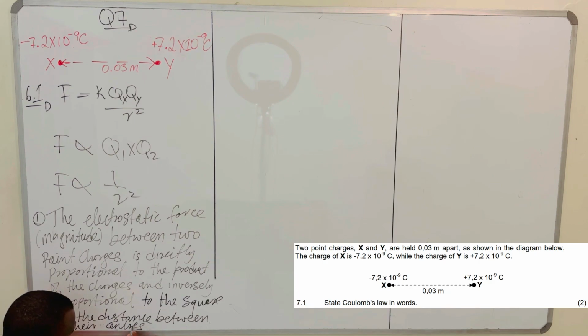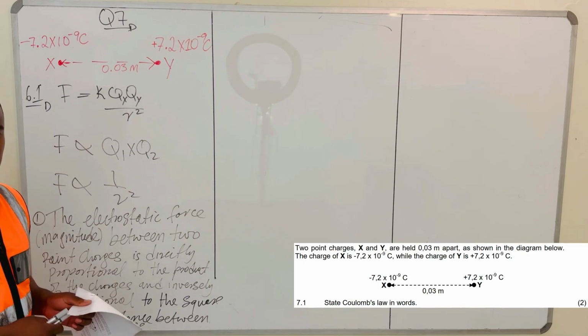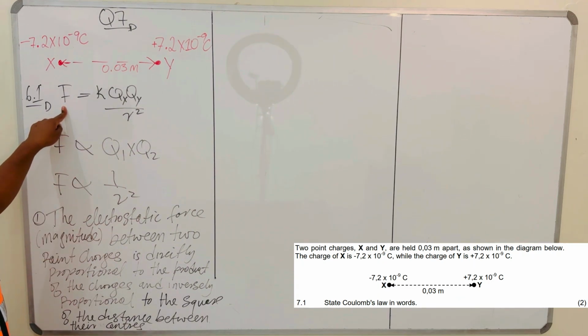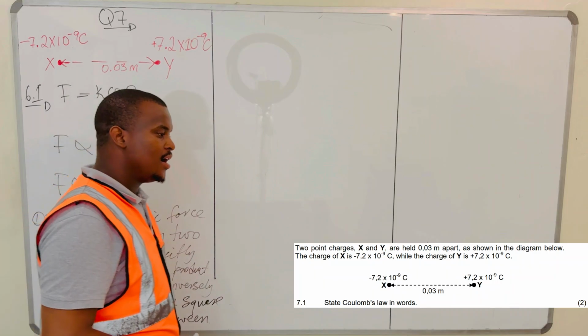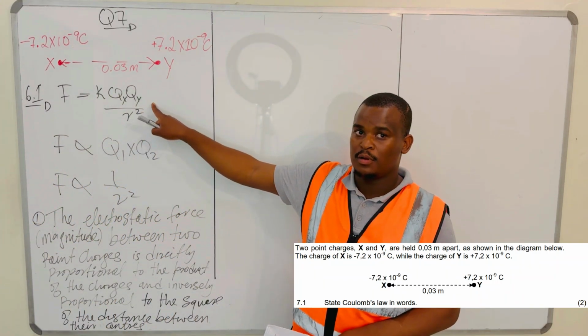So this distance that you can see here is the distance between their centers. So the magnitude of the electrostatic force between two point charges is directly proportional to the product of the charges and inversely proportional to the square of the distance between their centers. That's Coulomb's law. No problem.